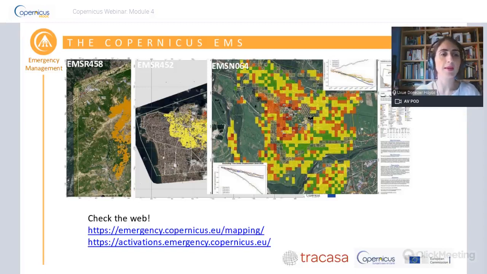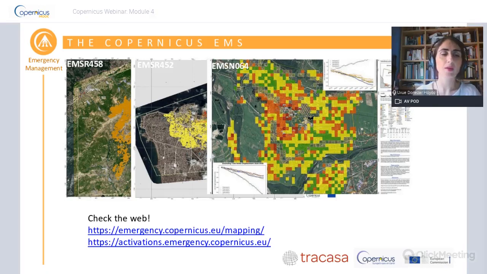I don't know if any of you have tried to check the web, but I think it's worth the effort, because the service providers are doing an amazing job, and they are making very, very nice products. Here in the slide, we can see two rapid mapping products. One is a fire delineation in Spain. I must say that there are a lot of products related to fire and floods in Europe.